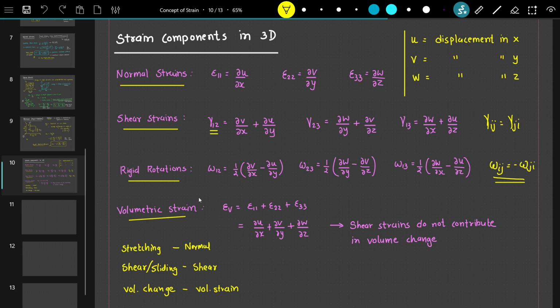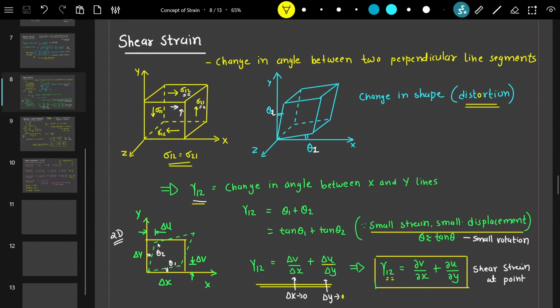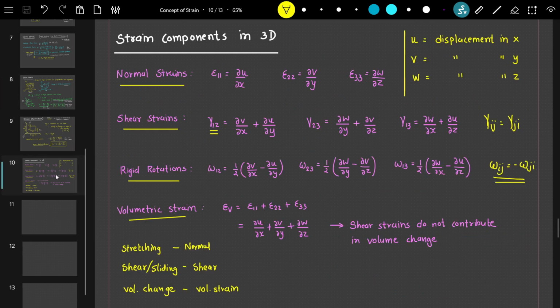Okay, and one thing I missed in last lecture about shear strains. Shear strain, this is positive shear strain. So positive shear strain results in reduction or decrease in angle, whereas negative shear strain results in increase in angle. Okay. So I can draw it here.